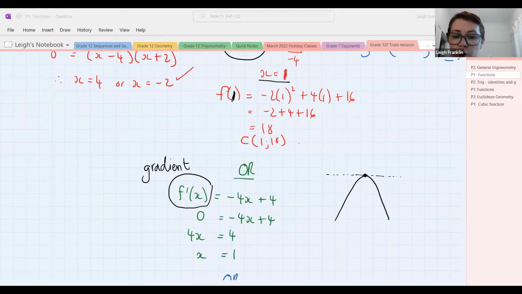Because at the turning point, the gradient is 0 because the graph is no longer increasing, but it also hasn't started decreasing yet. That's why we refer to it as a turning point: the gradient is not going up anymore and it's not started going down yet. So the gradient is not changing at that point. Exactly, Cassandra, it's a stationary point.